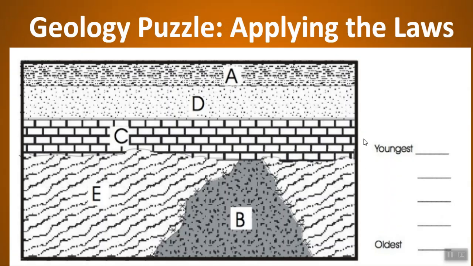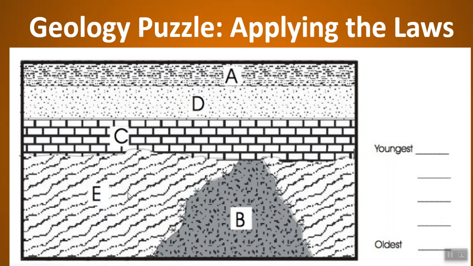All right, so the last thing I'm going to show you is how we go back and use those laws that we learned, those four laws of original horizontality, superposition, the law of inclusions, and the law of cross-cutting relationships, to figure out the riddle of what are the oldest rocks and what are the youngest rocks.